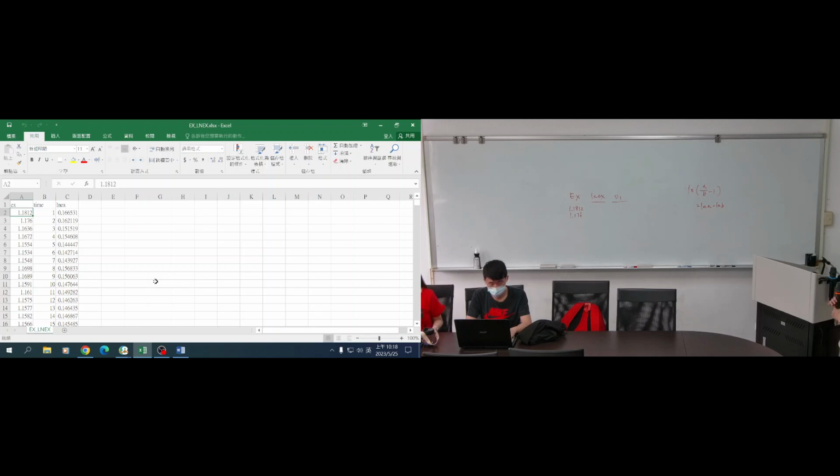Most of the time we are studying variance, right? How do we get the variance? The variance of x is equal to the sum of xi minus x bar squared, and if it is a sample, then over n minus 1. This is the variance.